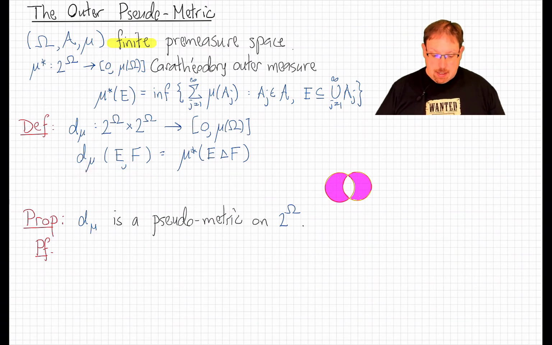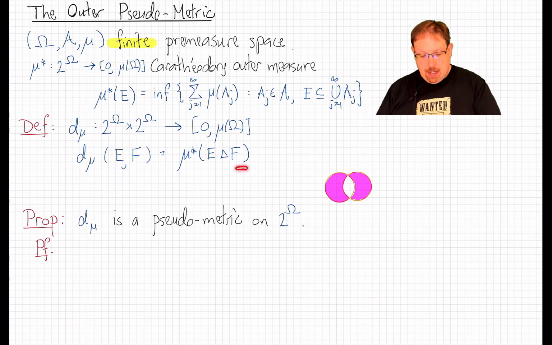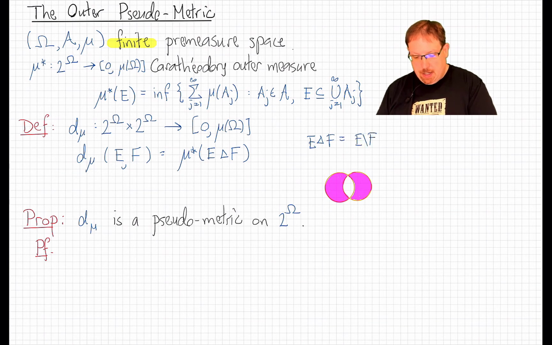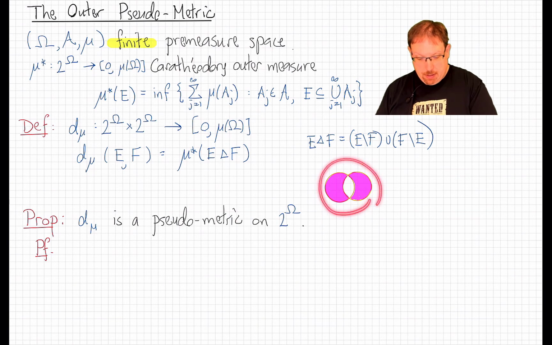The distance between 2 subsets E and F is defined to be the outer measure of the symmetric difference of those 2 subsets. Just to remind you, the symmetric difference is defined to be E minus F union F minus E, indicated here in this picture.